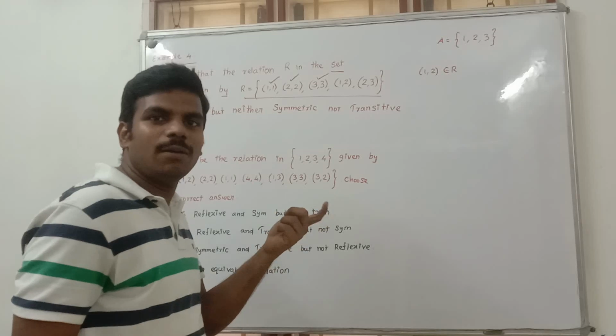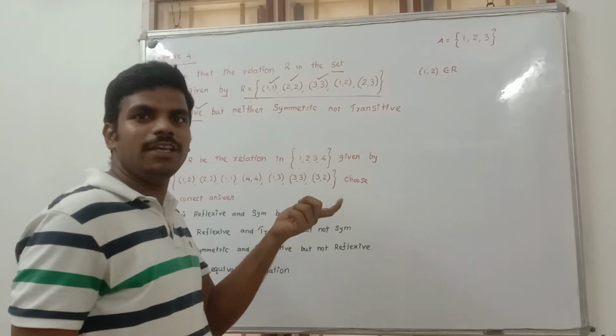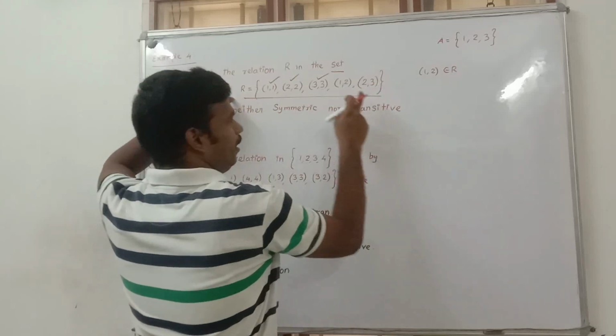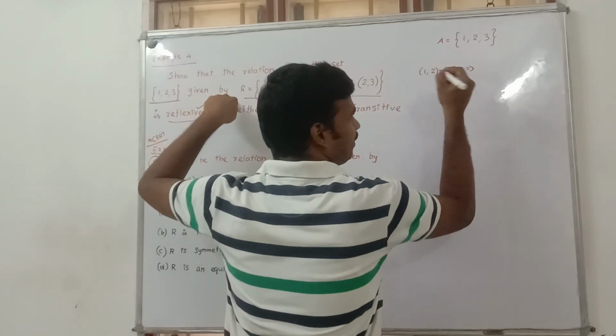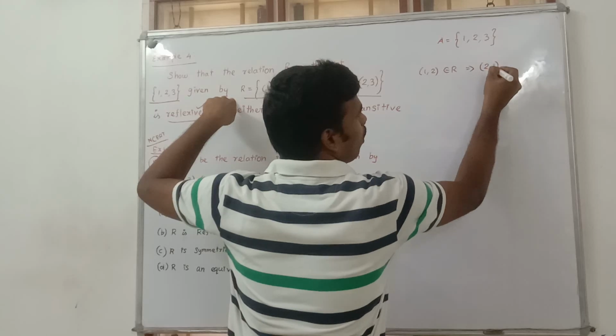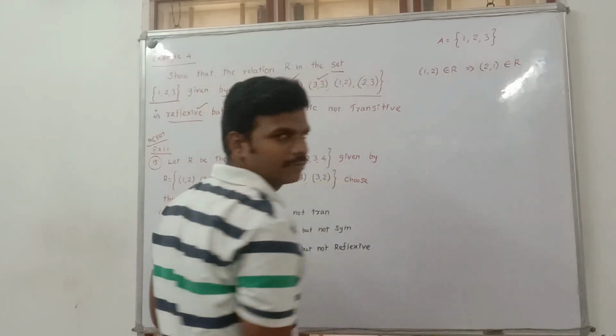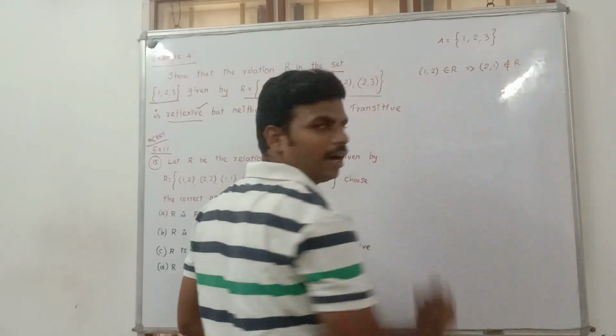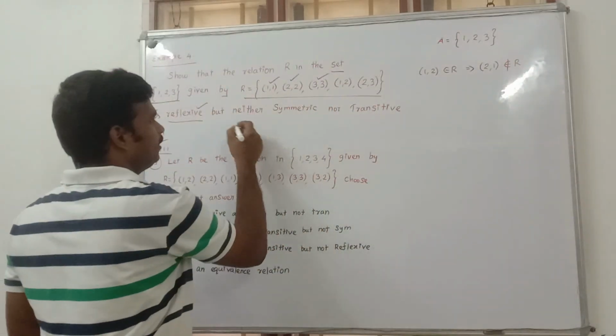So here (1, 2) is in the relation, this implies there must be (2, 1) belongs to R. But in the relation, (2, 1) does not belong to R. Therefore, the relation is not symmetric.